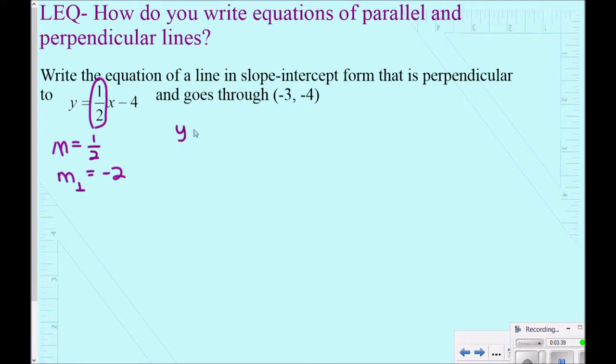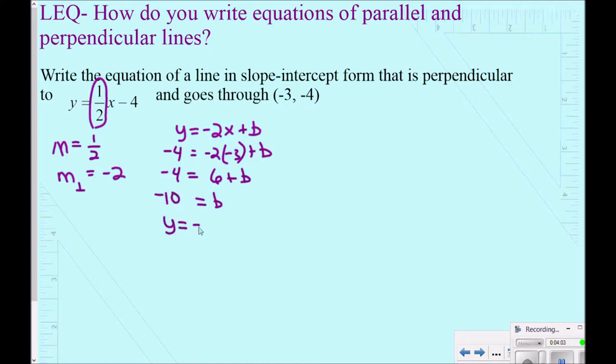So I'm going to go ahead and substitute -2 in for m into y equals mx plus b. And then I'll substitute the coordinate point in for x and for y. So -4 equals -2 times -3 plus b. Solving that for b, -4 equals 6 plus b. So subtracting 6 from both sides, b is equal to -10. So our equation is y equals -2x minus 10.